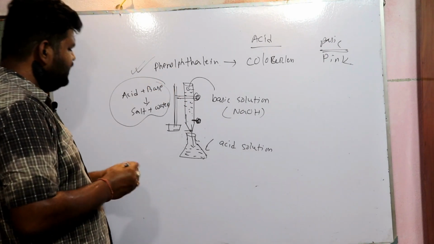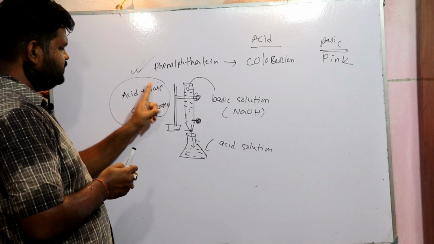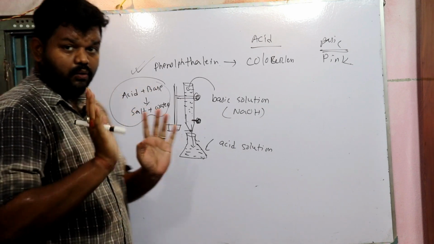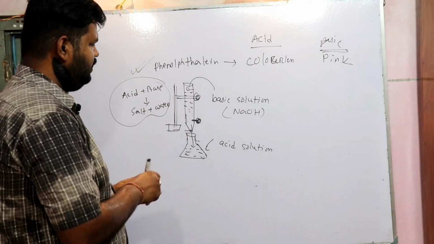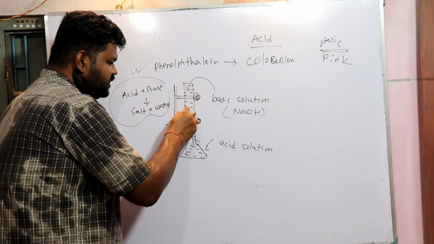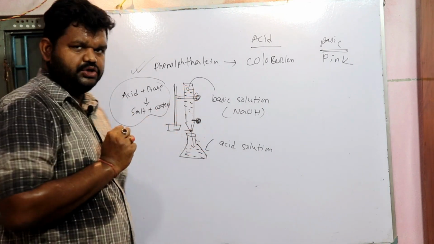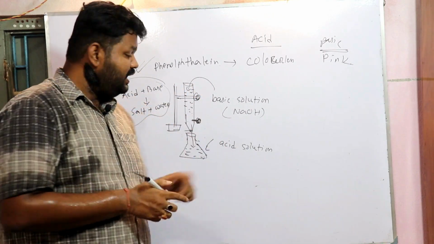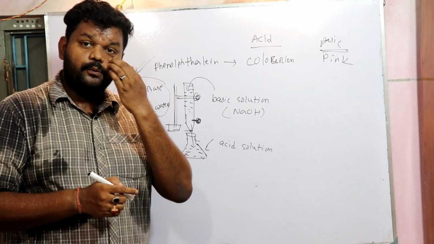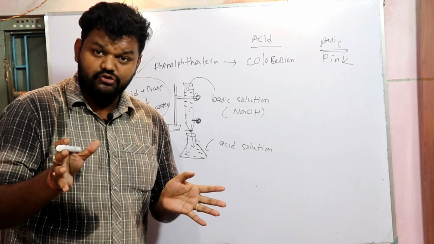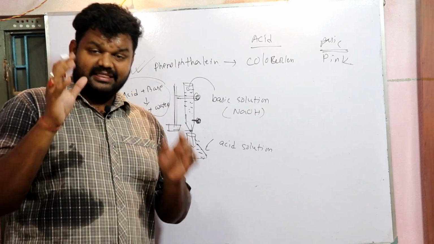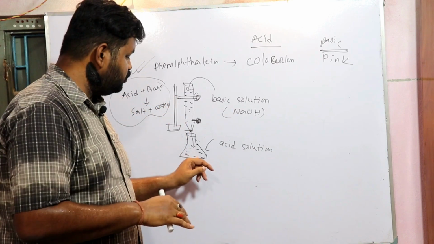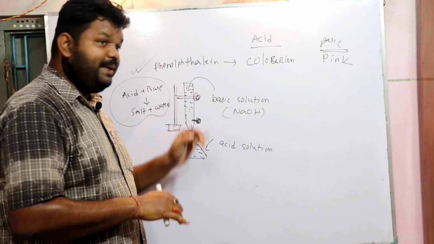Just know this basic thing, that acid plus base will make salt plus water. Now suppose this basic solution is coming to the acid solution, but at the point when this acid solution is completely neutralized, meaning no more acid is present in this solution, the amount of base will be more.